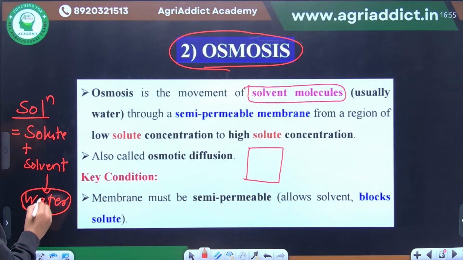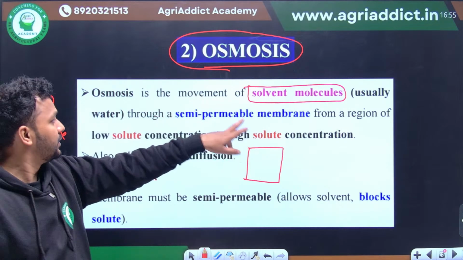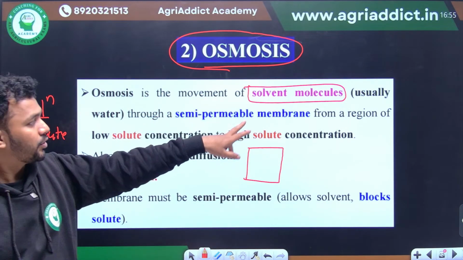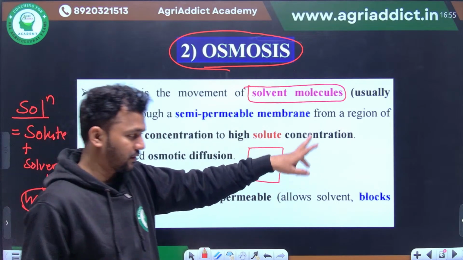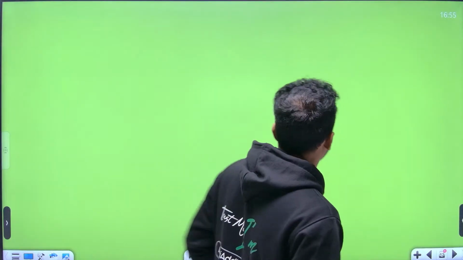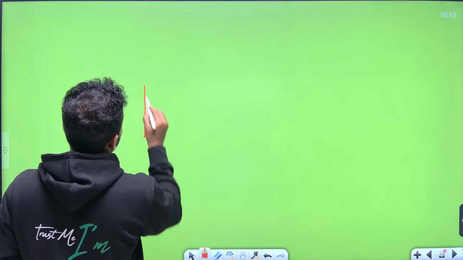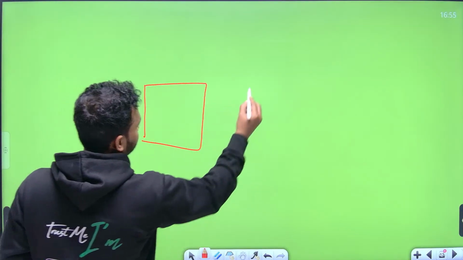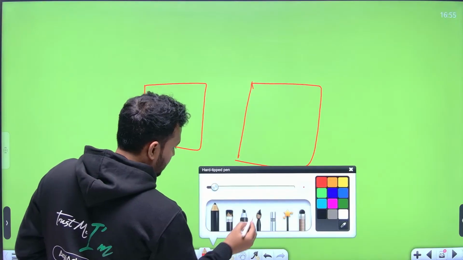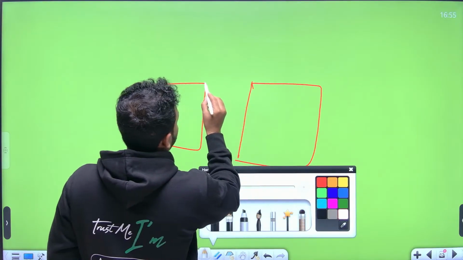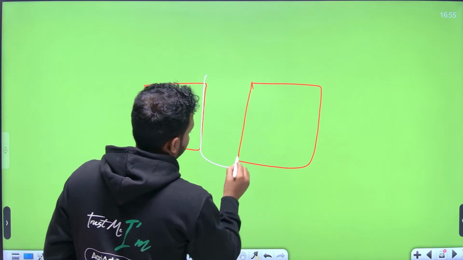Okay, water. So here the movement of water through a semi-permeable membrane from a region of low solute concentration to high solute concentration. Let's understand this. What it has told, there are two systems, and these are connected through a semi-permeable membrane.